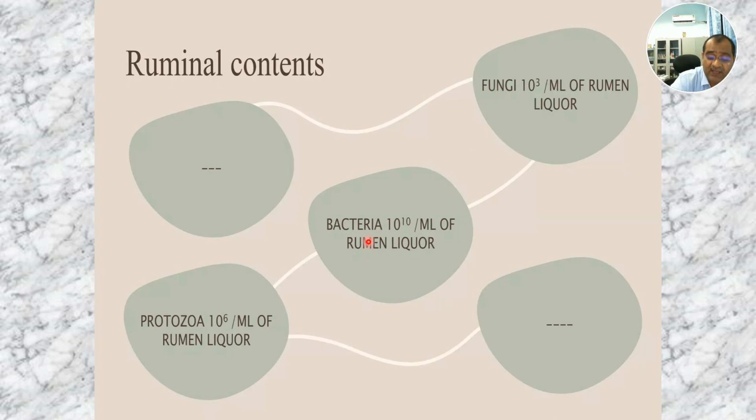The bacteria account for 10 raised to 10 per ml of rumen liquor. The protozoa are in between, present to the extent of 10 raised to 6 per ml of rumen liquor. These are all the ruminal microflora. Apart from this, some viruses may also be there, but their role is not well understood.